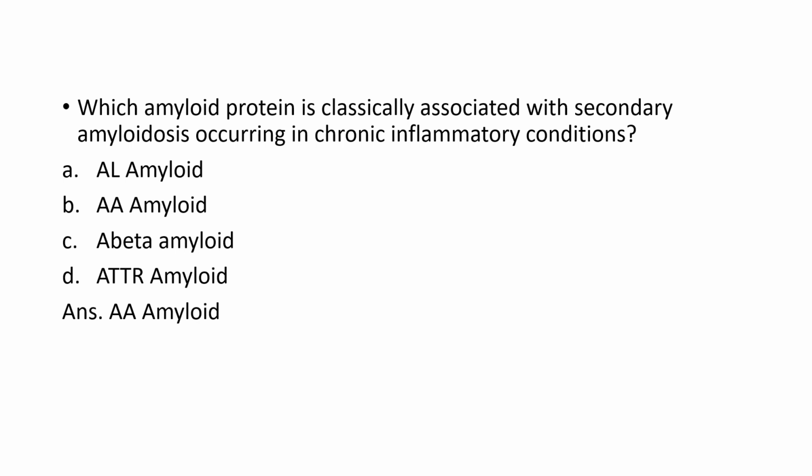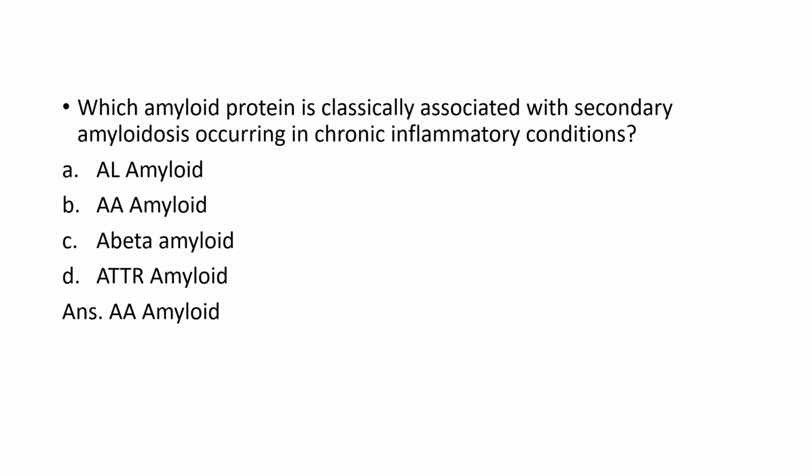The next question is, which amyloid protein is classically associated with secondary amyloidosis occurring in chronic inflammatory conditions? As we know from amyloidosis, there are basically three types of amyloid: AL type, AA type, and ATTR type. There are many amyloid types, but basically these are the three.